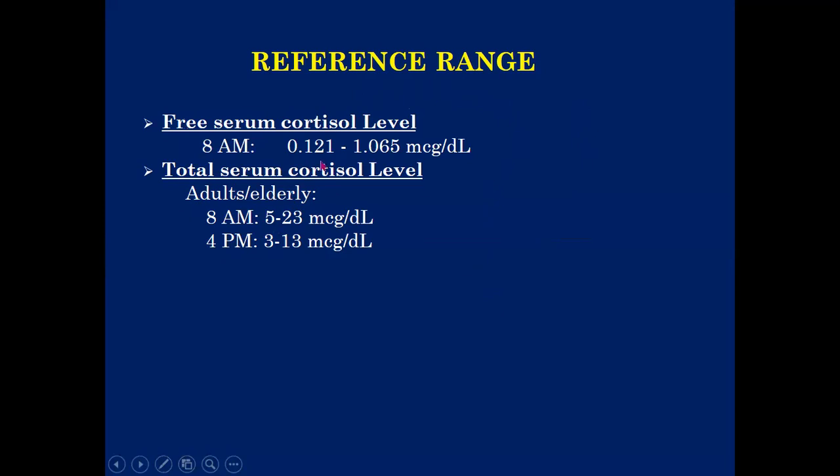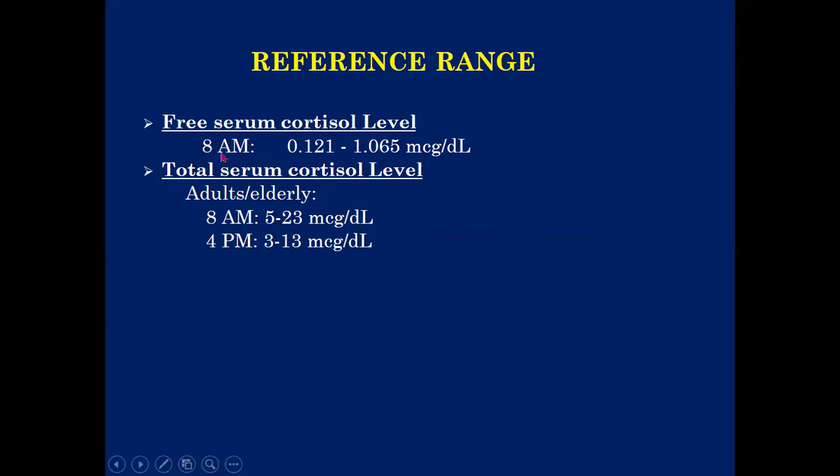As we discussed in the thyroid, like T3 is in the free form and in the bound form, similarly cortisol is also in the free form, and this is the range at 8 a.m. Why is it specified here? Because there is one peculiar feature of cortisol, that its level is high in the morning and its level is low in the evening.